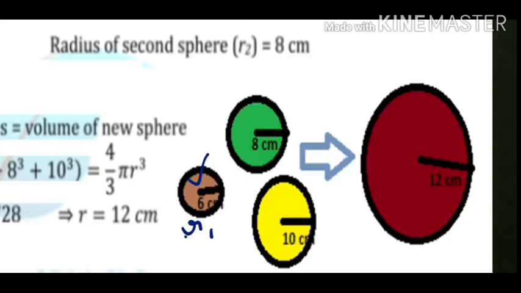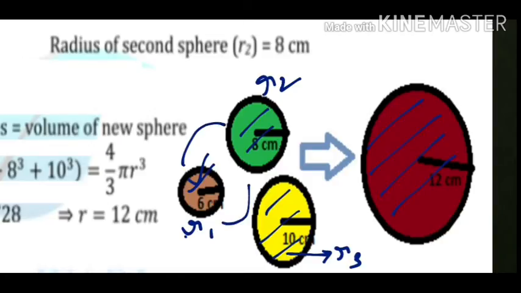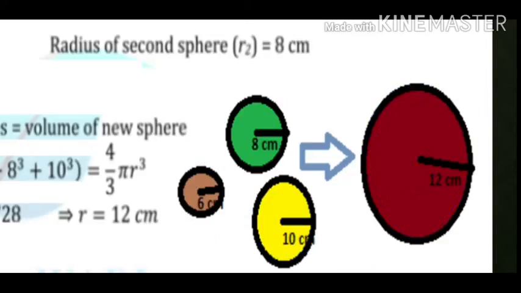The green one is of radius 8 centimeter, consider it as R2. And the yellow one is of radius 10 centimeter, consider this as R3. Now you have to melt the material of these 3 spheres and make this new sphere. That is, the combined volume of these 3 spheres is equal to the volume of the resulting sphere. Then you have to find the radius of the resulting sphere.